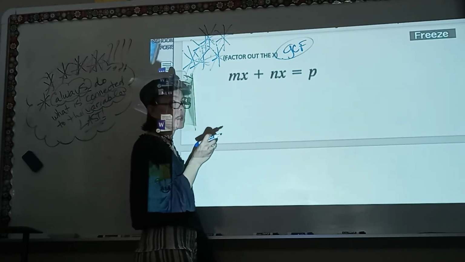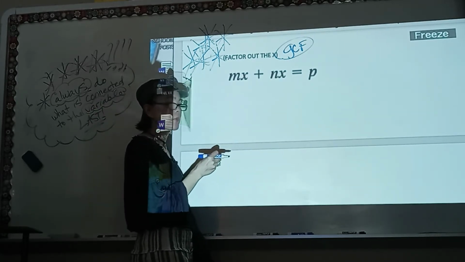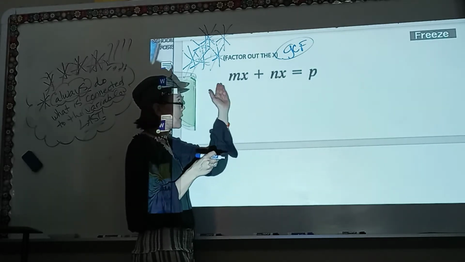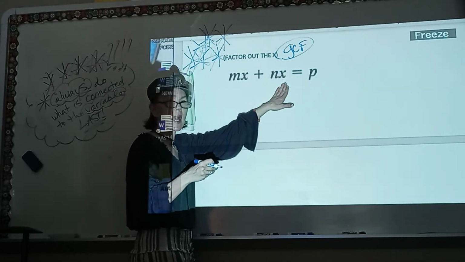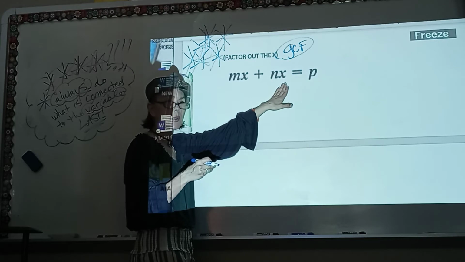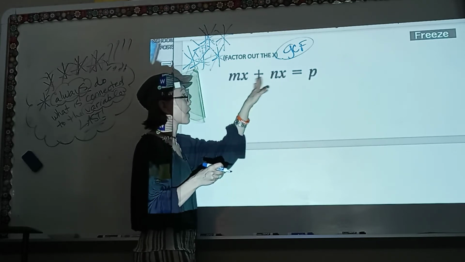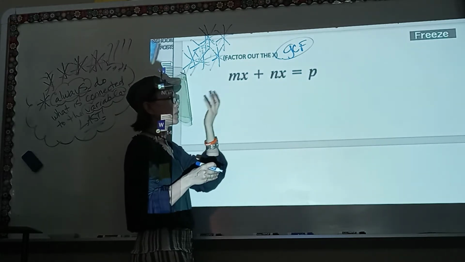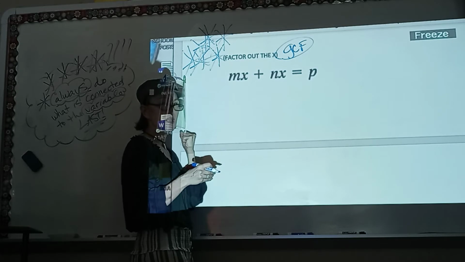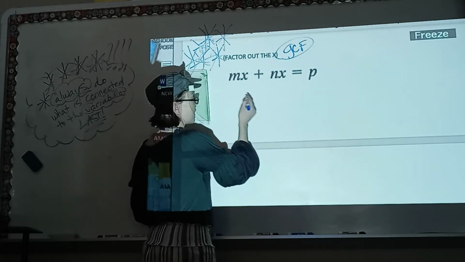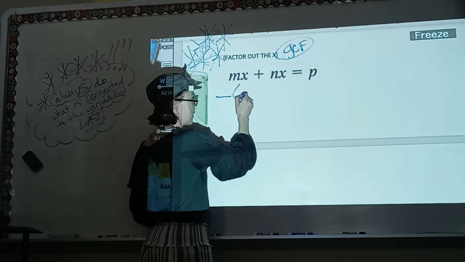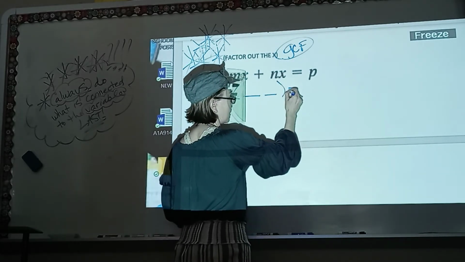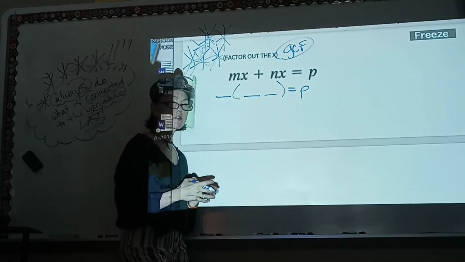But what we have to do when this happens is when both terms have x in common, okay? Eyes up here. When both terms have the variable that we're solving for in common, what you have to do is pull out the GCF, what they both have in common, okay? So how do we do that? By creating, okay, we're factoring.